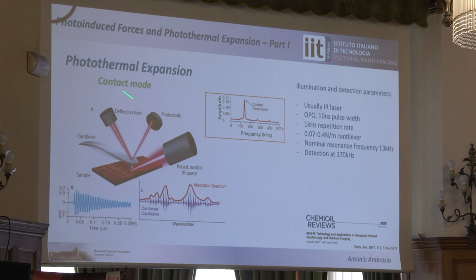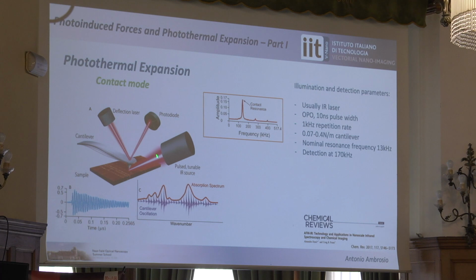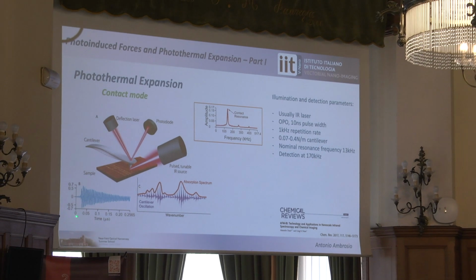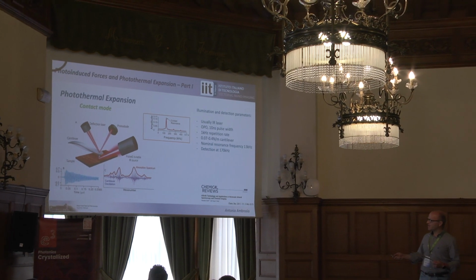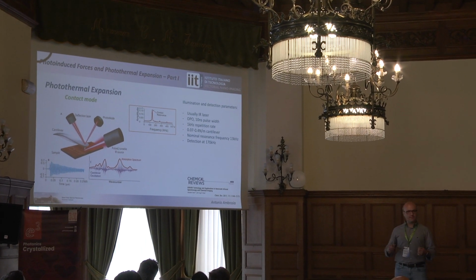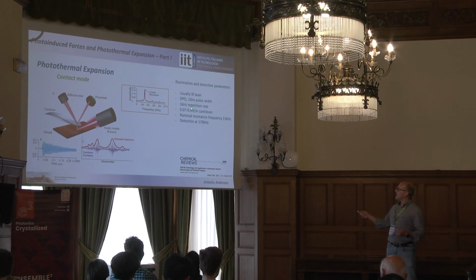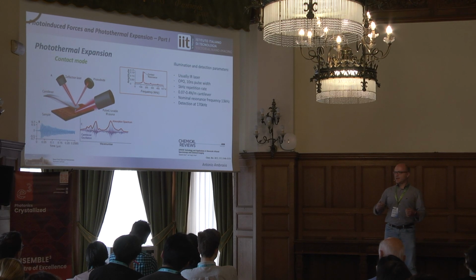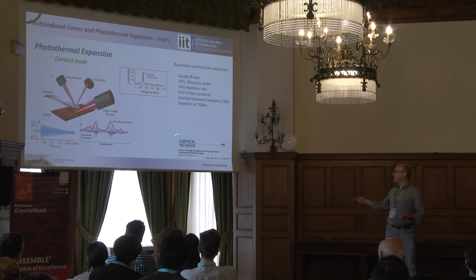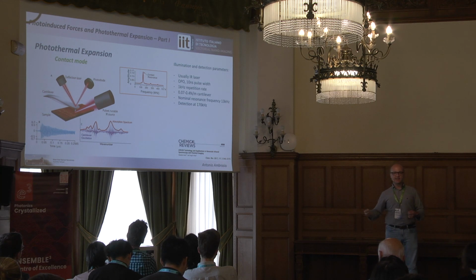And then through the optical lever, you can monitor such oscillation, and usually what you do is to plot this kind of trace where you see the oscillation of the cantilever as a function of time. And since it's a 1 kilohertz repetition rate, the initial kick damps down, right? Because there is enough time between one pulse and the next to completely damp down these oscillations.